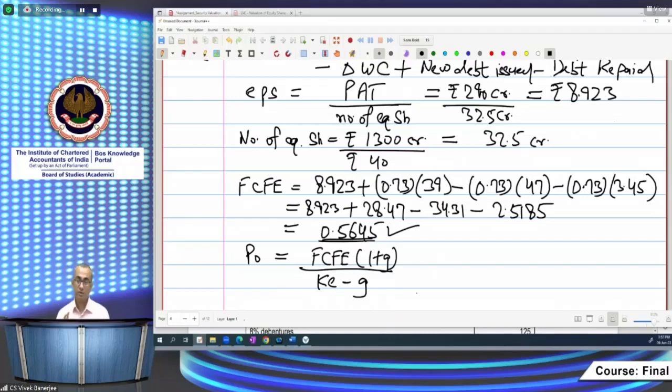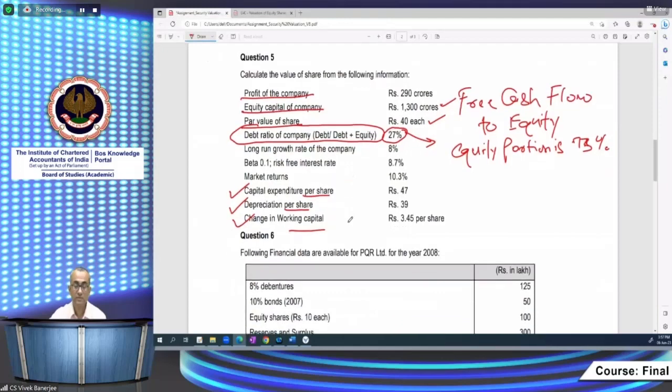So we have got this free cash flow to equity, and the growth rate is also given in the question. The long run growth rate is 8%, but the figure of KE, the cost of equity or discount rate, is not given.